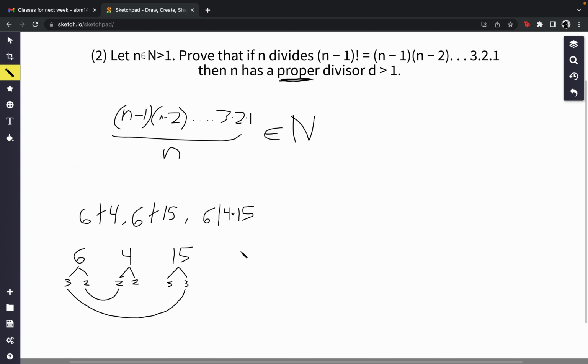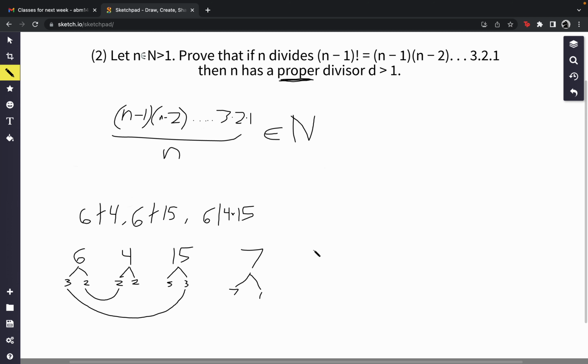If you have a prime number like 7, 7's only factors are 7 and 1. So the only time it's going to be able to divide a number or a product of numbers is if one of those numbers is divisible by 7.